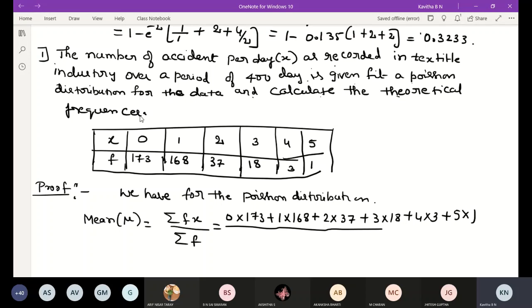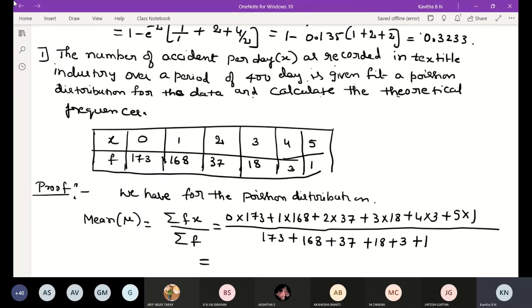Then in the denominator, summation of f: 173 plus 168 plus 37 plus 18 plus 3 plus 1. Okay, use the calculator, simplify and tell me the answer.